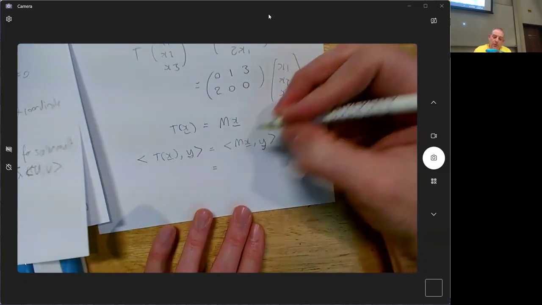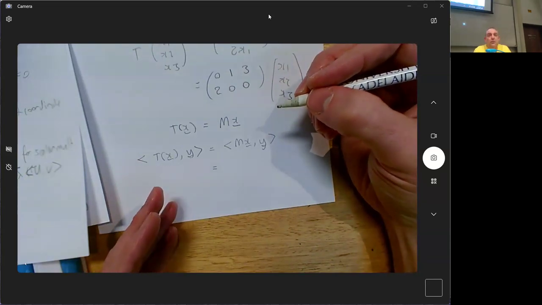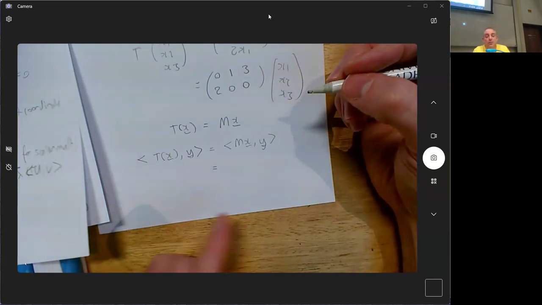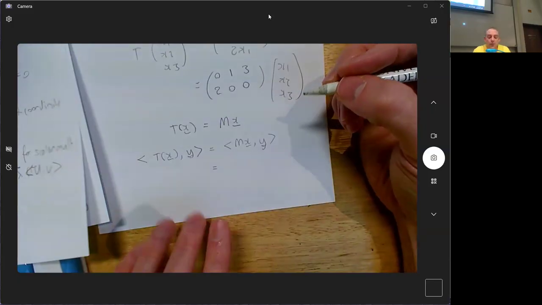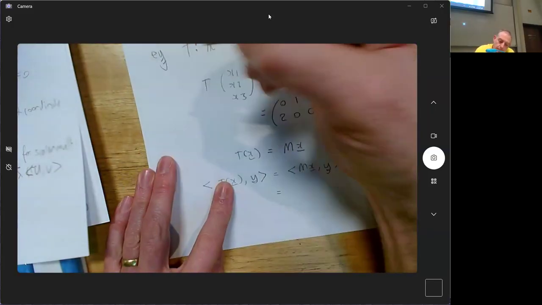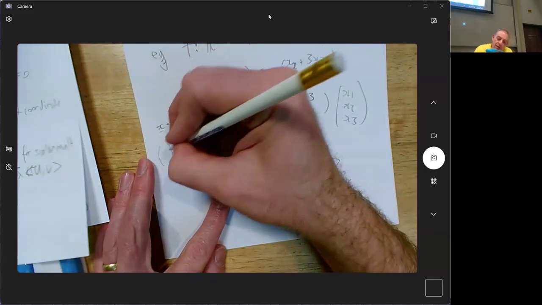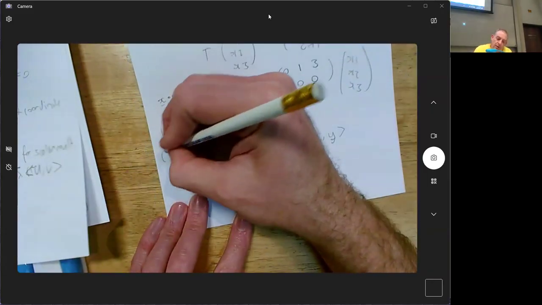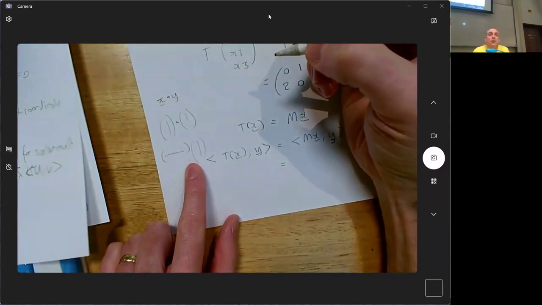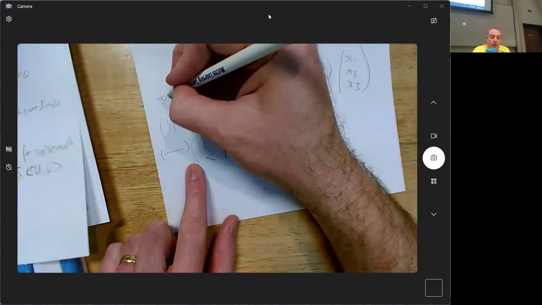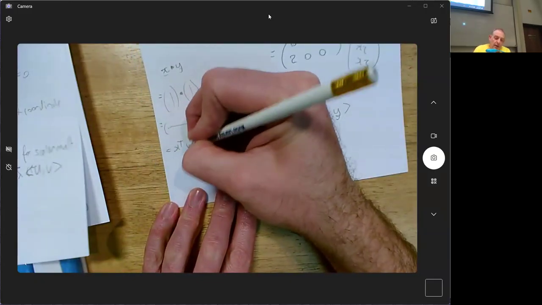Which is like the dot product, right? And if you do matrices, the dot product, you have to write one of them as a row. So when you do a dot product with matrices, if you have x dot y and they're both vectors, you have to write one of them as a row and do the matrix multiplication. That is x transpose y.